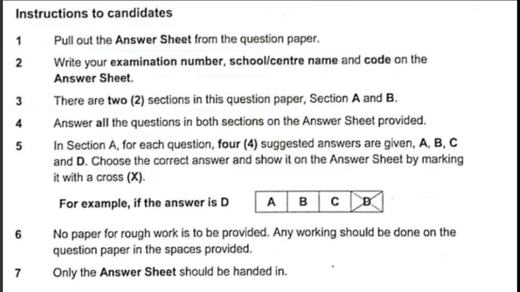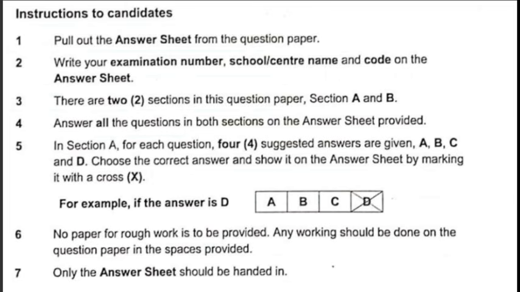Number 5, in section A, for each question, 4 suggested answers are given: A, B, C, and D. Choose the correct answer and show it on the answer sheet by marking it with a cross. For example, if the answer is D, then you cross D like you can see on the screen there. You do just like you have been shown.